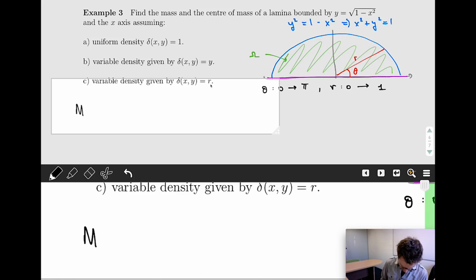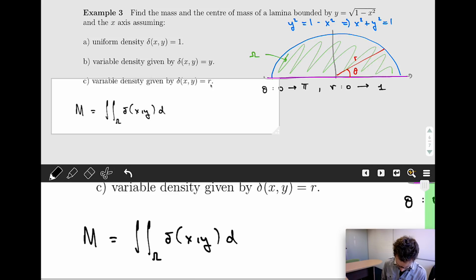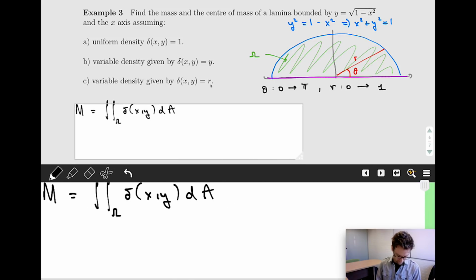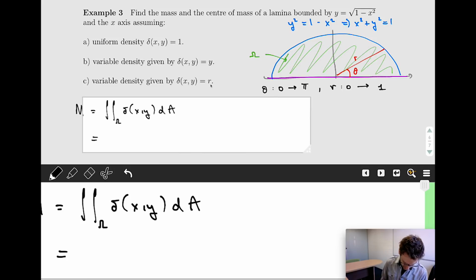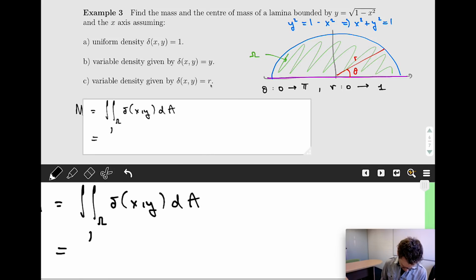So I've got the mass is given by the double integral over the region of integration of the density. So let's look at the three different cases. We've got the integral. We're going to do theta first, or theta is the outer integral, r is the inner integral.